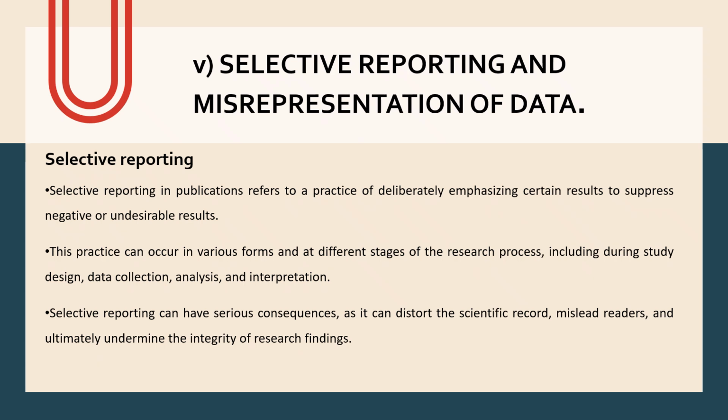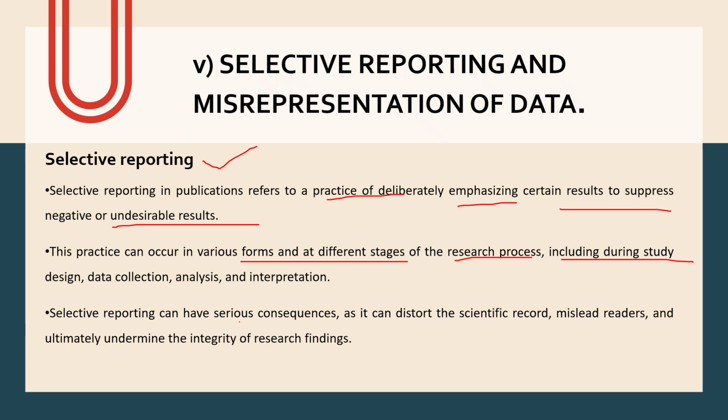Selective reporting and misrepresentation of data. First, we will study selective reporting. Selective reporting in publication refers to a practice of deliberately emphasizing certain results and suppressing negative or undesirable results. We suppress the negative results and put up only the positive results for publication. This practice can occur in various forms at different stages of the research process, including study design, data collection, analysis, and interpretation.